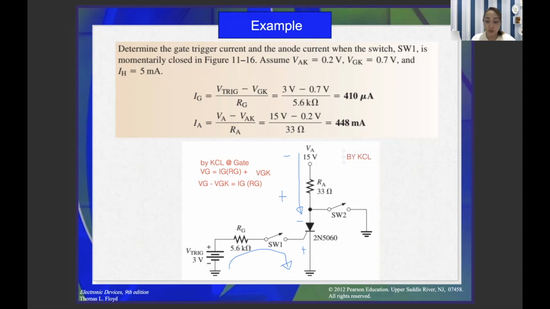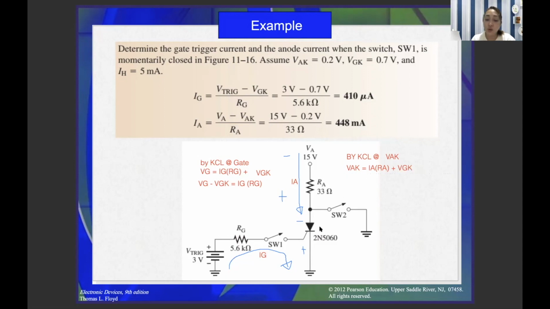by KCL at what? This one, downward, IG. This one, A. So, by KCL at IA, this loop, this downward at anode to cathode, we will have VAK is equal to IA times RA plus VGK.